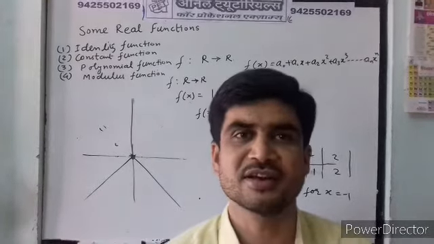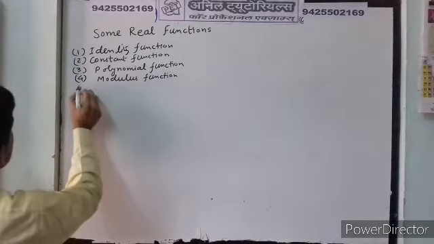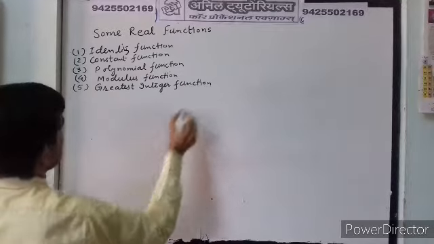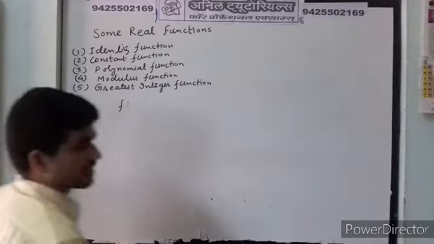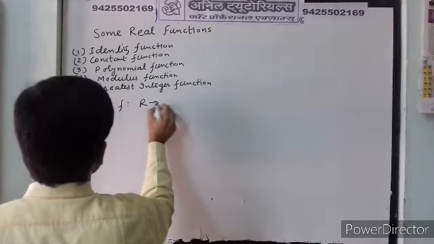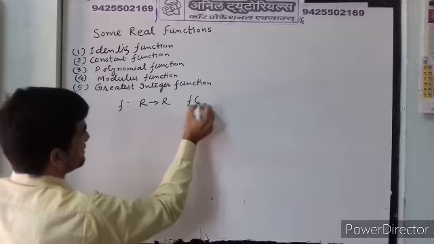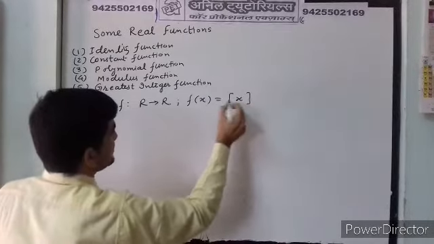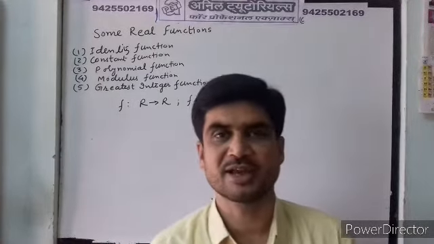Now I am taking one more important function that is called the greatest integer function. Say a function f from R to R will be a greatest integer function if f(x) is defined like this, shown by a square bracket.